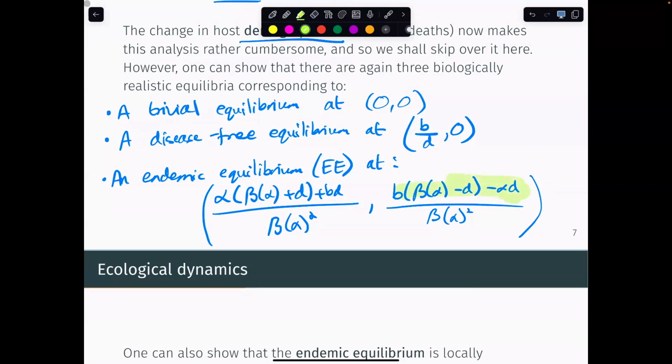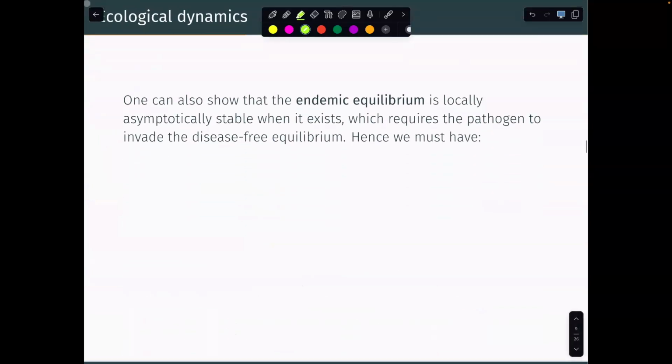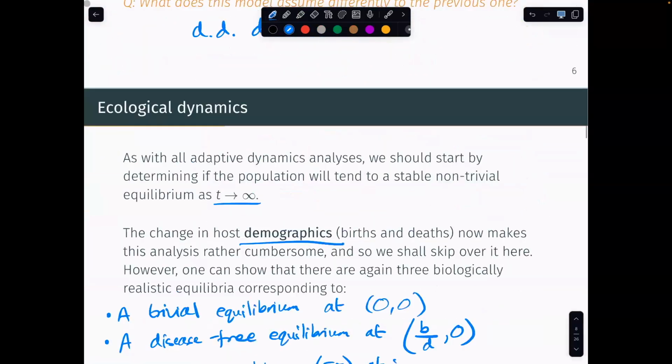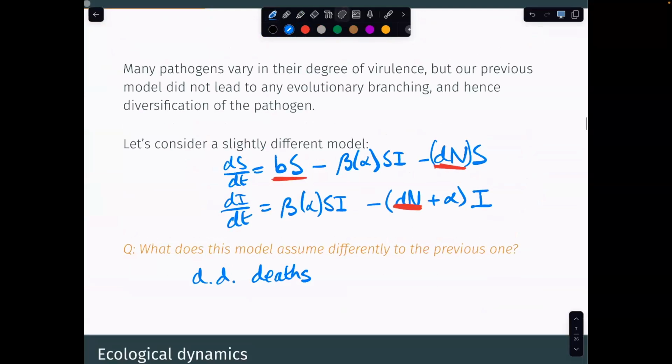In other words, this numerator needs to be positive. This ultimately tells us our R0. There is another way we can calculate our R0 though. We can do this by going back up to our equations here, considering a little bit like when we do our invasion fitness.